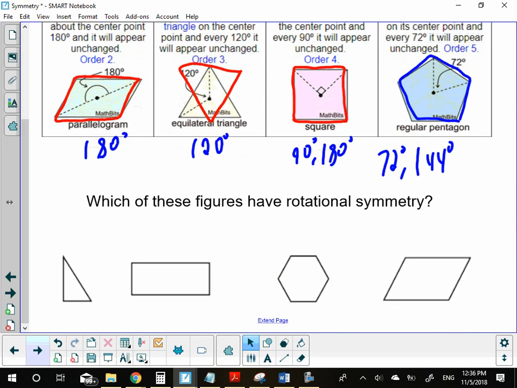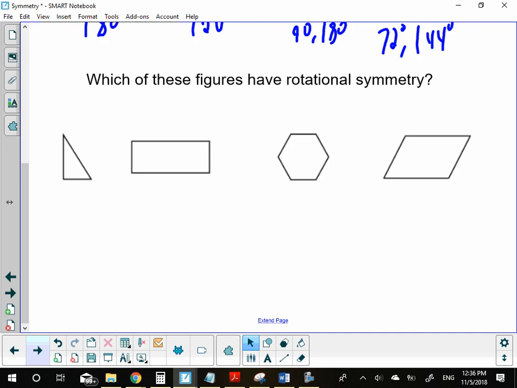So let's look at these ones. I've got what looks to be a right triangle, probably right scalene. Does that have any kind of rotational symmetry? No. No way I can rotate it around and get the original figure.